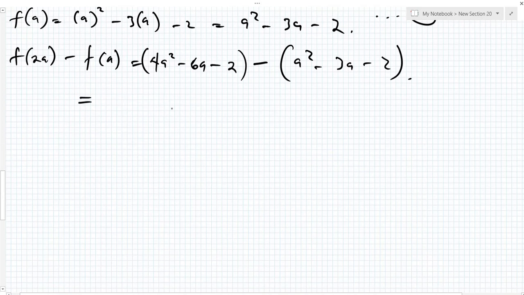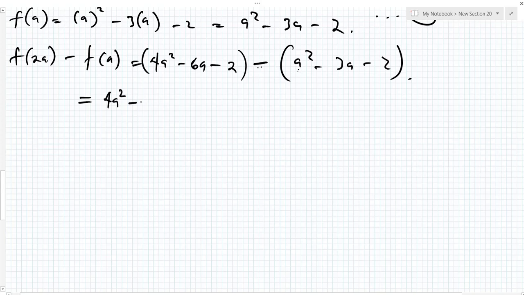Now expressing this in terms of a, which is what is written here, I will bring the like terms together. So here I'll have 4a squared minus a squared.